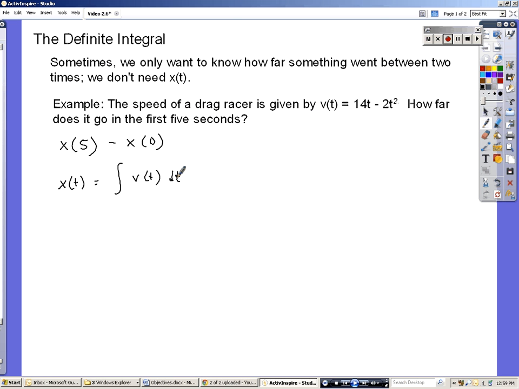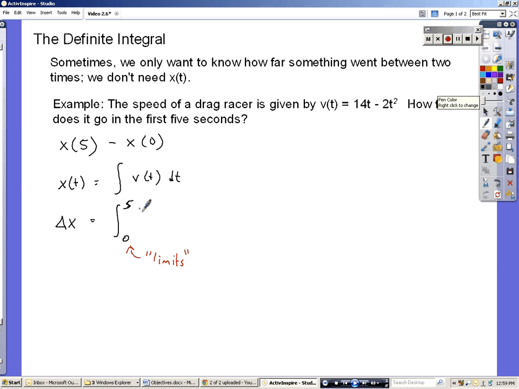But now we're going to introduce a little bit of additional notation. Delta x between 0 and 5 seconds is equal to the integral, and we'll put little numbers here. We call these the limits of integration, meaning the start and end points that we're interested in.